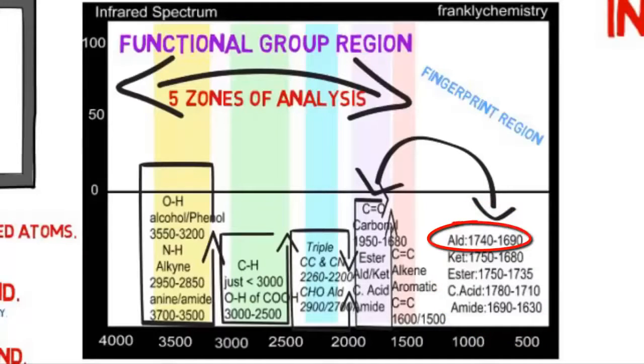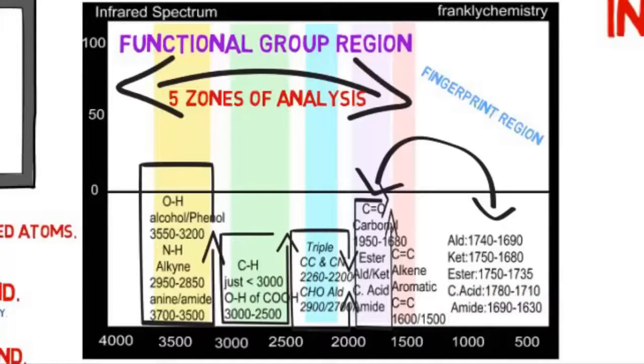Aldehydes between 1740 and 1690, ketones 1750 and 1680, esters 1750 and 1735, carboxylic acids 1780 to 1710, and the C double bond O stretch in amides 1690 to 1630.